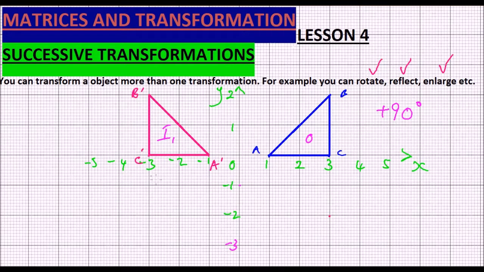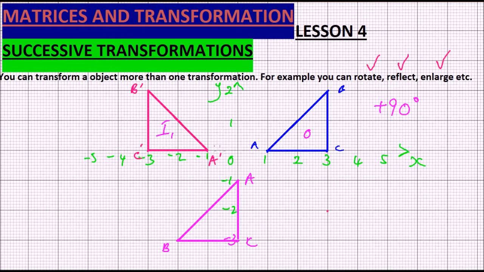C will come to this point, and B will be 2 units from C, so this is where we have our B. So we join the 3 points to come up with the second image, after transforming our first image through positive 90 degrees.